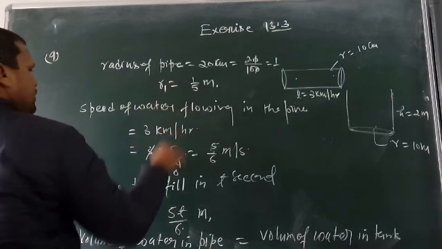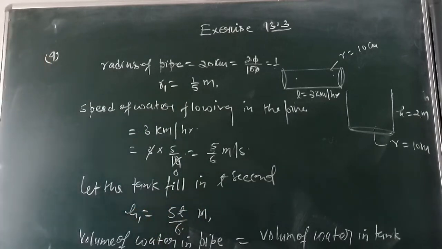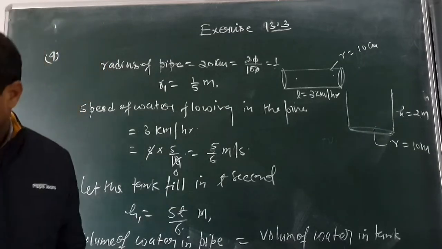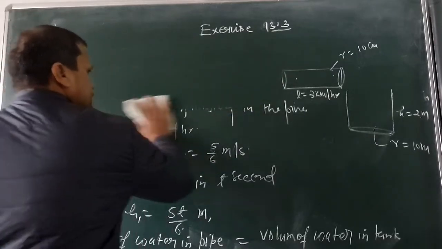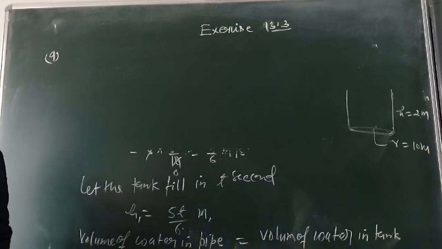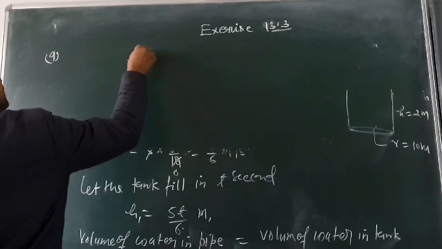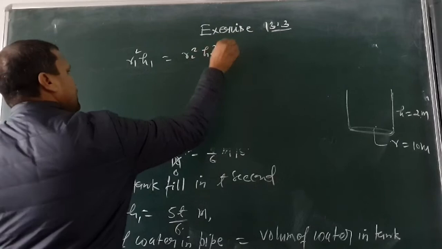This is the R1 and this is the H1. So R1 square H1 equal to R2 square H2.